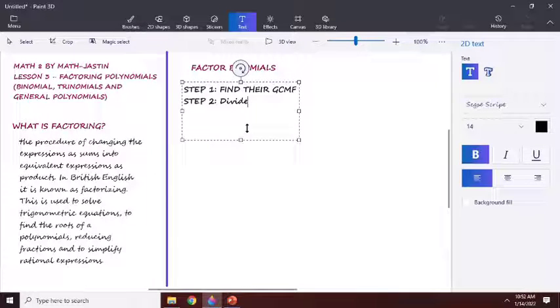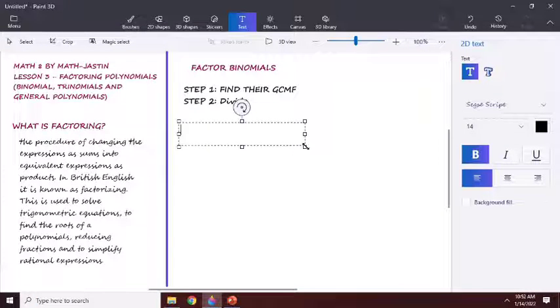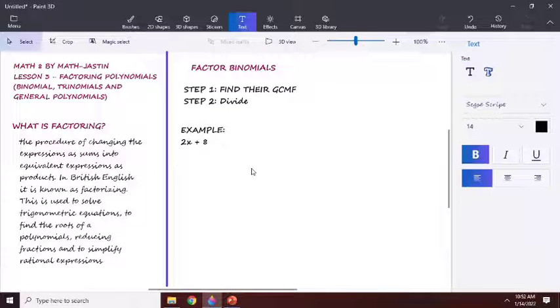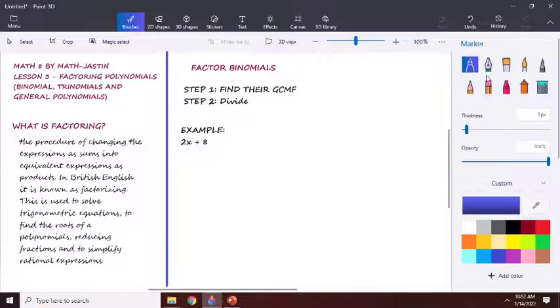So, let us do step 1 with an example. We have 2x plus 8. How do we factor this? Step 1, find their GCMF.